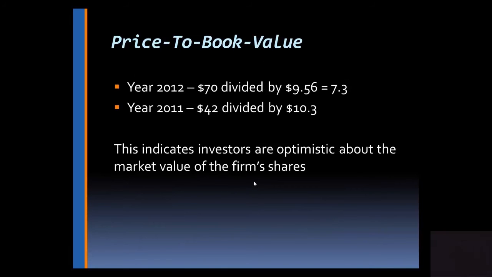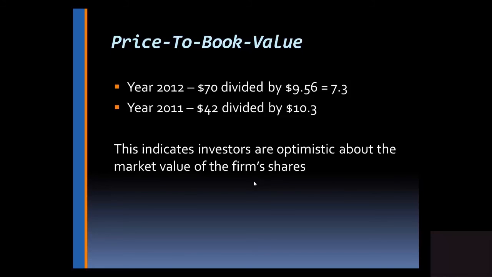Now the price to book value, we take and divide the shareholder market price by the book value. So you'll notice in 2012 our multiple was 7.3, and in 2011 it was about 4. And the difference is caused specifically by the fact that the stock increased in value from $42 a share to $70 a share.